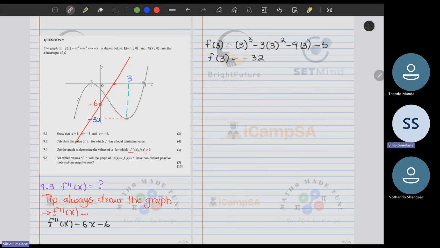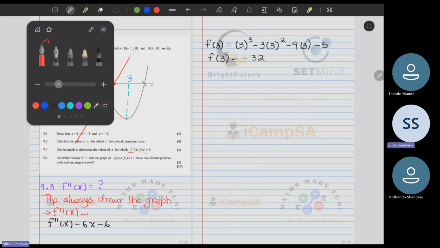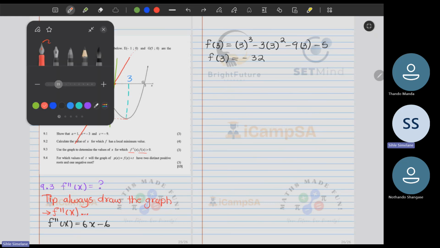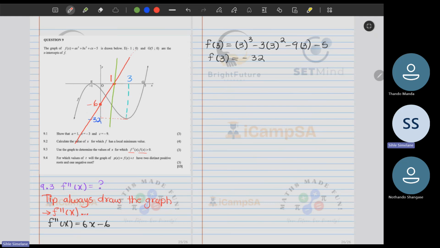Now let's think of what is happening here. So both graphs, if you look carefully, from here going to the left, both of them are negative until we get to 0, which means we need to exclude. And remember, the red graph is cutting at 1 here.